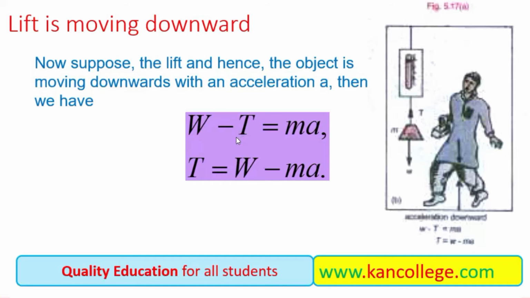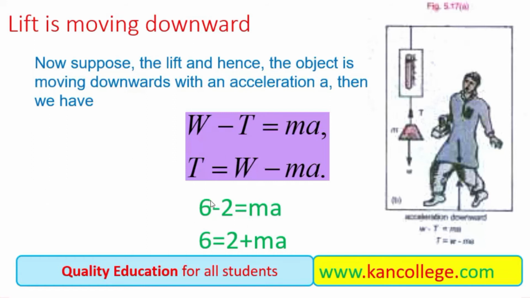If we see the tension over here, then the tension in the string is decreased from the initial weight value W by a value of ma. It means the apparent weight is decreased by ma.